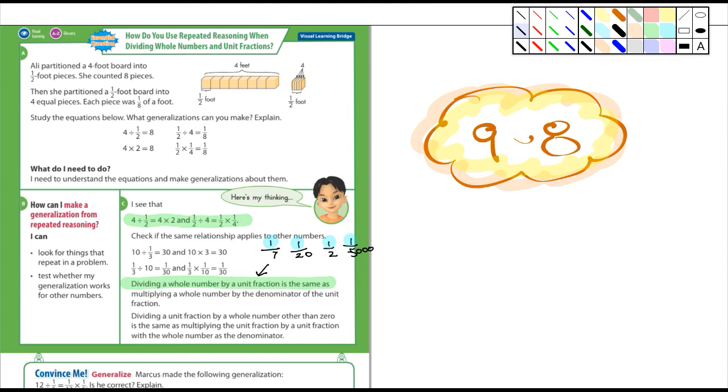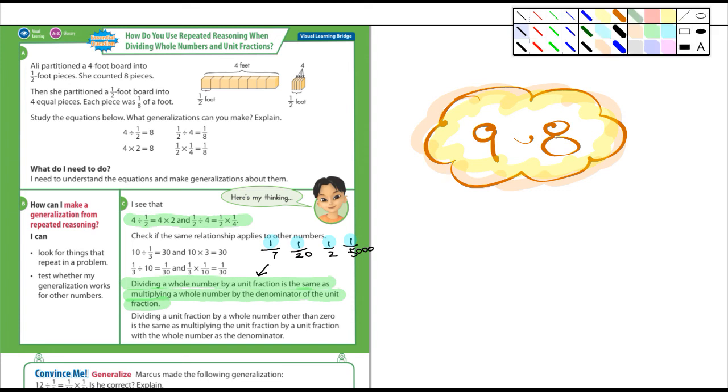So going on, it says dividing a whole number by a unit fraction is the same as multiplying the whole number by the denominator of the unit fraction. Well, you guys know this by now. Just want to make sure I'm going to say this right. Dividing a whole number by a unit fraction. Yeah.